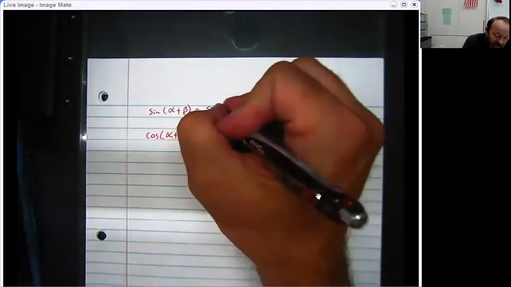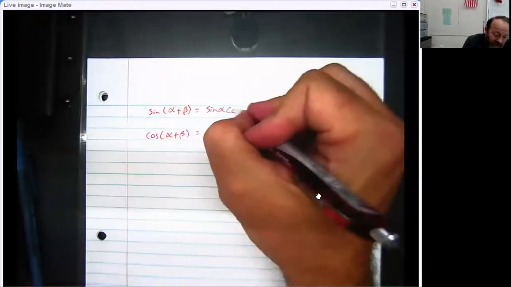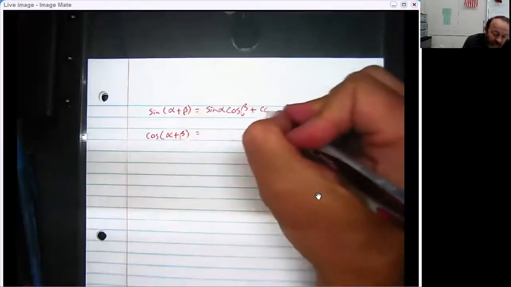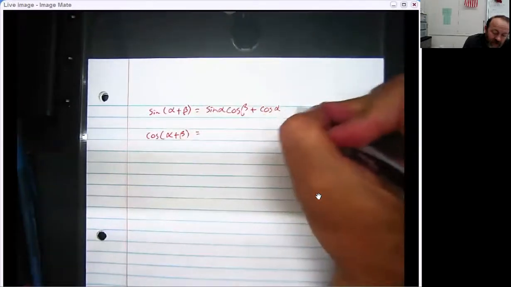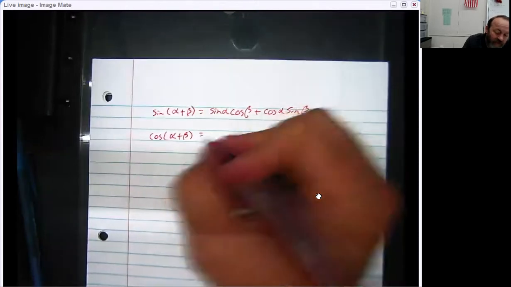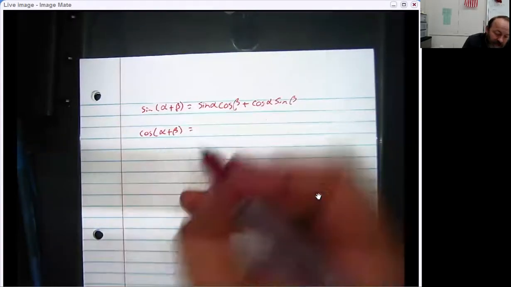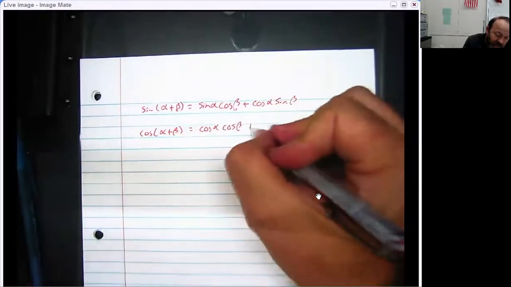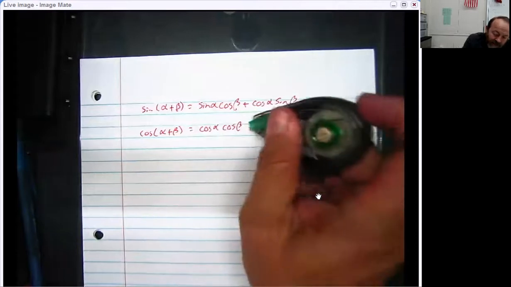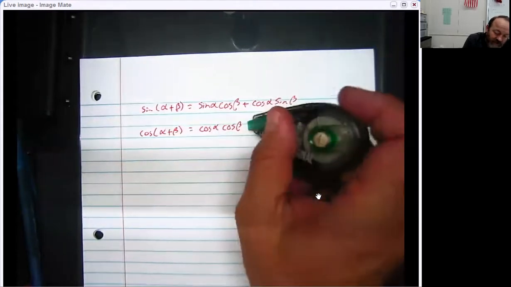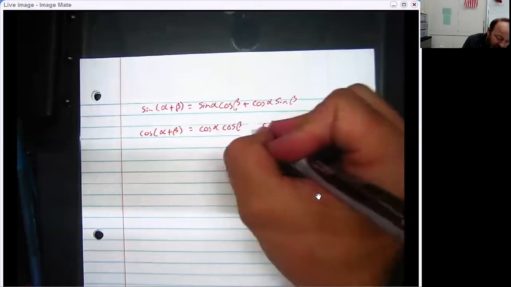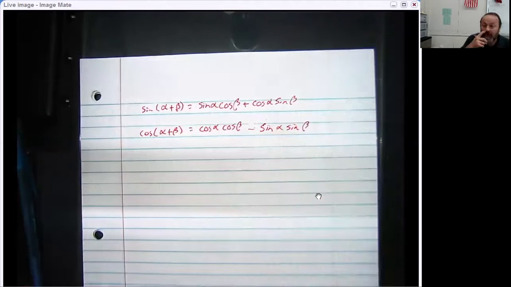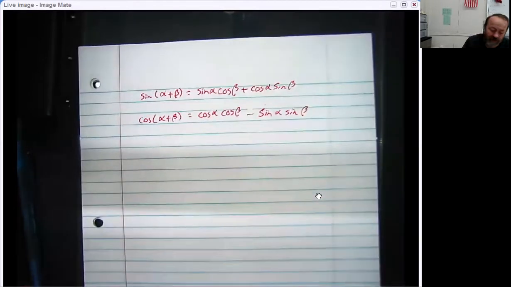And so the identity that we had for the sine of alpha plus beta was the sine, cosine, and then if there was a plus in the middle, we went with a reversal of the cosine of alpha and the sine of beta. The cosine was a little different because it went cosine, and then if there was a positive in the middle, we subtracted. And then, funny, I just said it, but I wrote the opposite. And then minus the sine of alpha, sine of beta. And I'm going to actually use both of these identities in the different proofs.